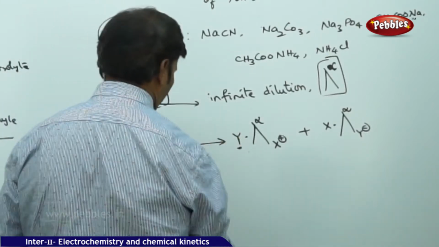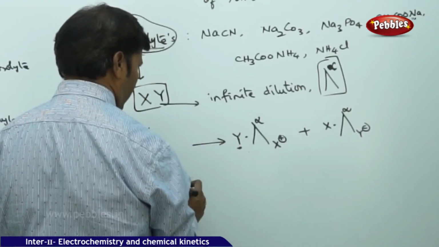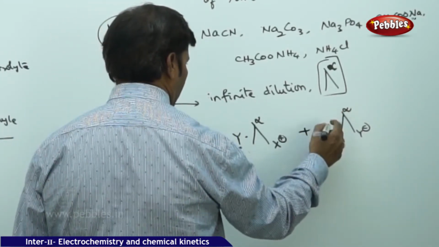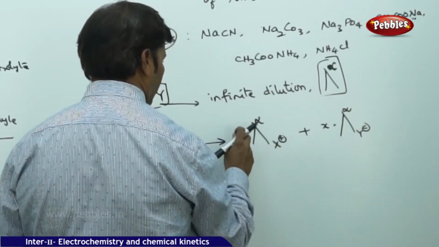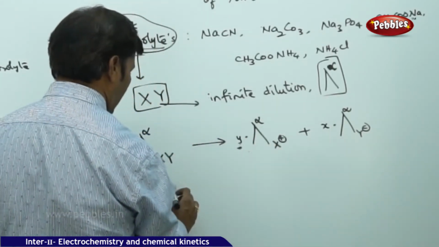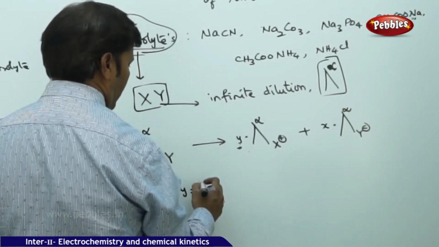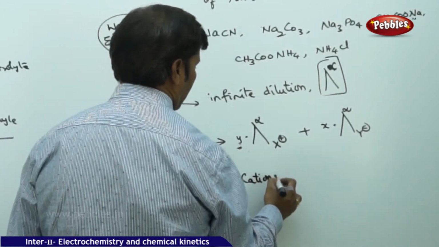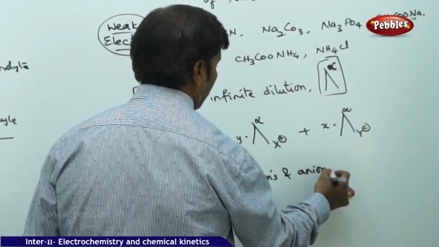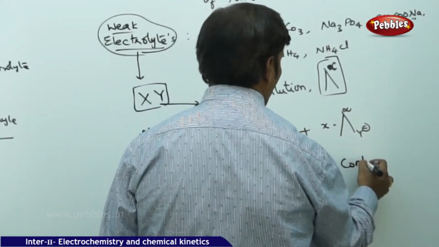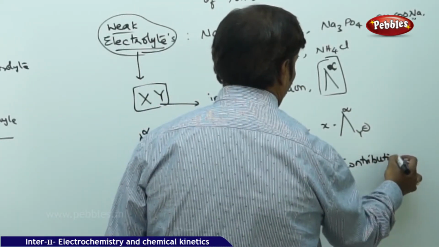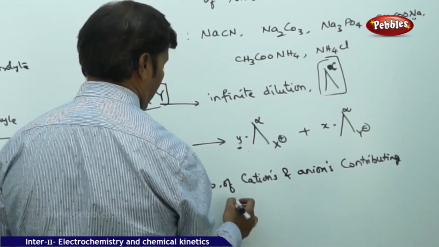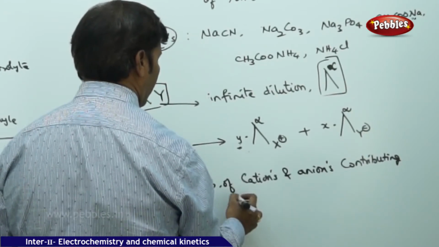This small x and small y are the number of cations and anions contributing to the equivalent conductance at infinite dilution of the electrolyte.